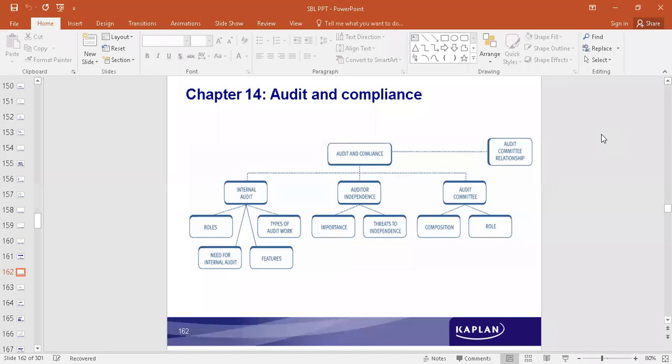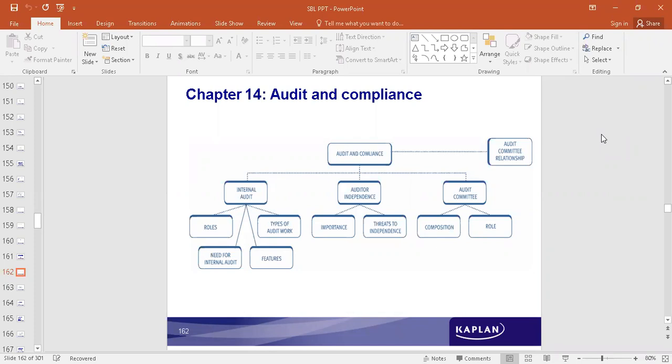Whenever we study internal control, we also study internal audit, because audit will help to identify anything which is inappropriate. The control system is handling how to ensure that frauds do not happen.